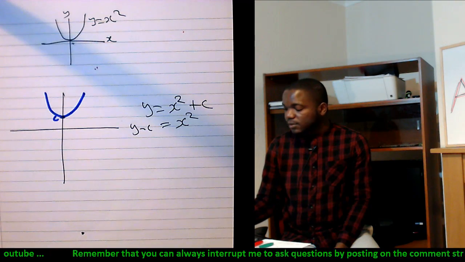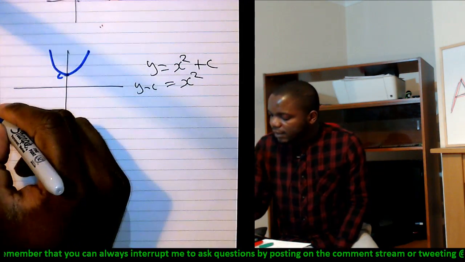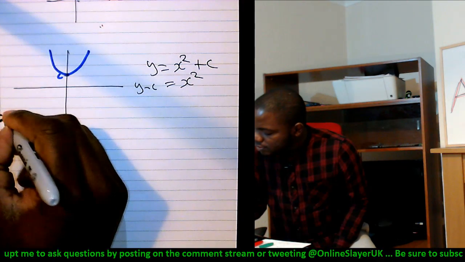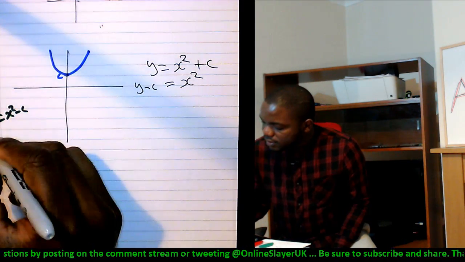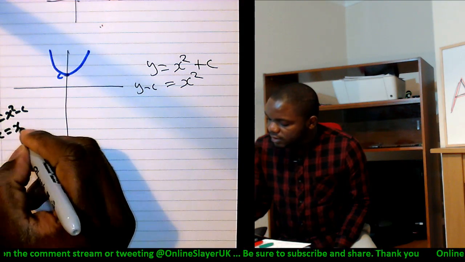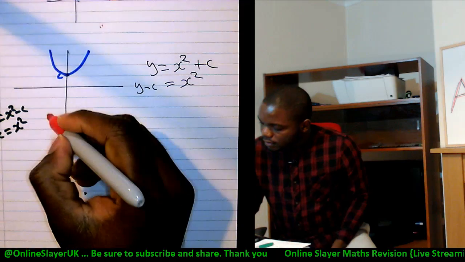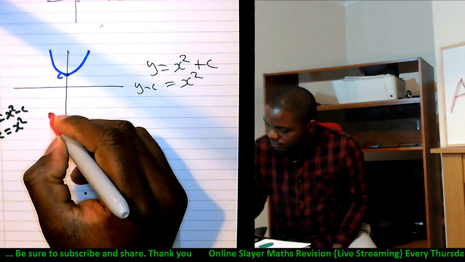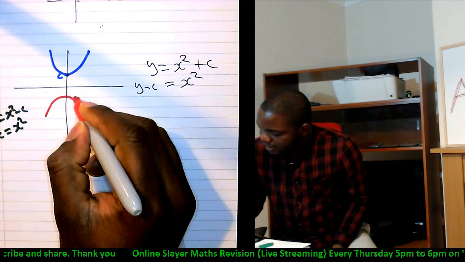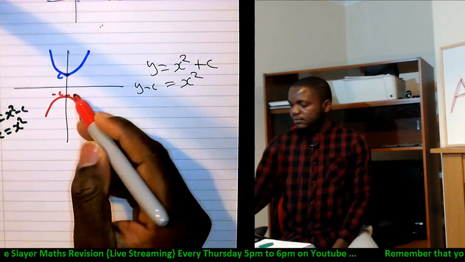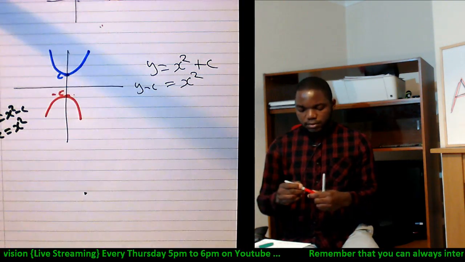So if this is plus c, instead of coming from the bottom, it goes just here and jumps up again. Do you understand? What about if you have y equals x squared minus c, or y plus c equals x squared? How will this curve go? The same situation, but crosses at the point minus c. Oh no, sorry.